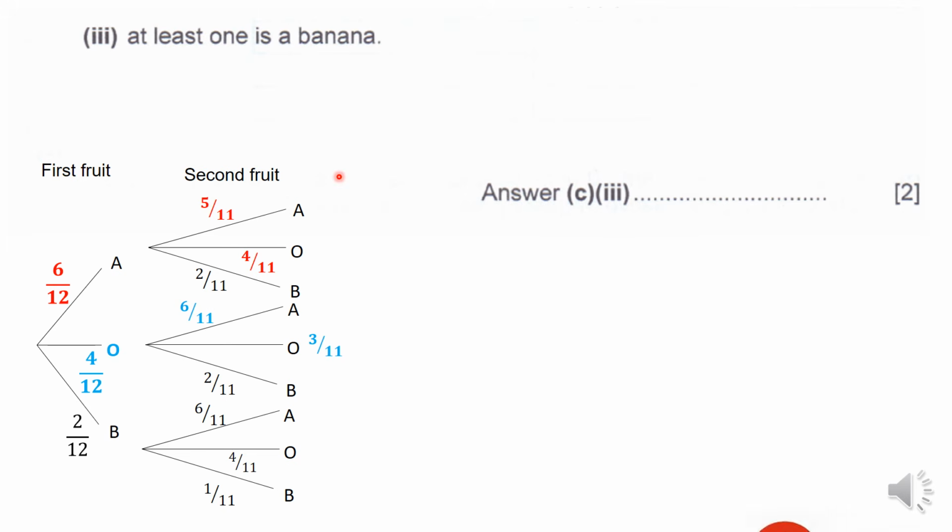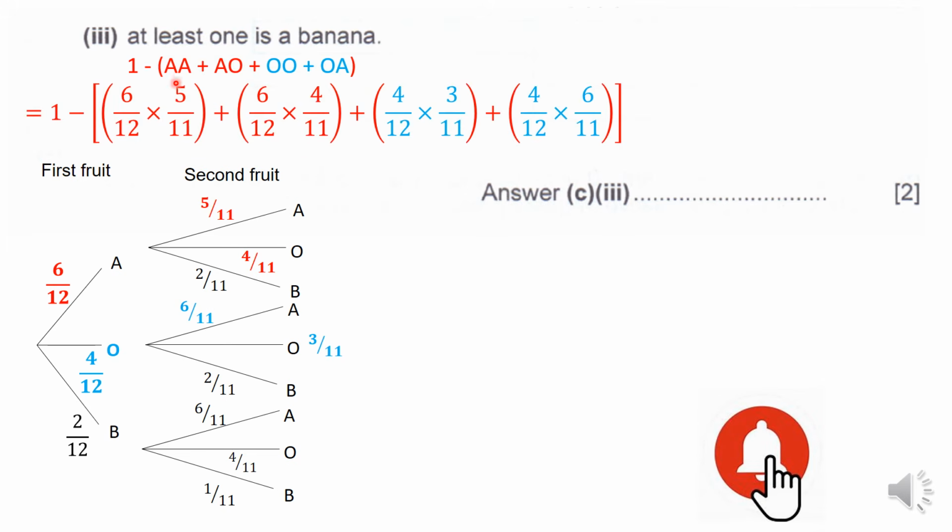So I take 1, everything, minus an apple and apple. Then another combination I have is an apple and an orange. Also there I can't have a banana there. So I say 6 over 12 times 5 over 11. Also 6 over 12 times 4 over 11. That is what I also can't have, because you can't find bananas there.